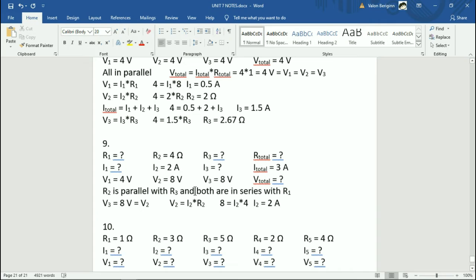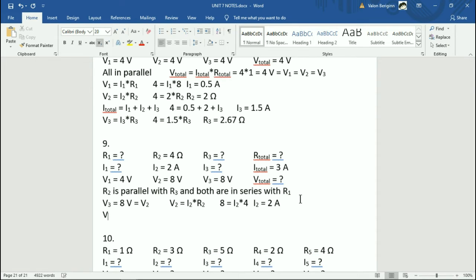Okay, we have that at least. What else? Okay, so what else can we do? We have those voltages. Again, these voltages are equal. So this part here is also saying V3. Since V3 equals V2, and they're in parallel, that also means the voltages in parallel are equal to the total of the parallel.